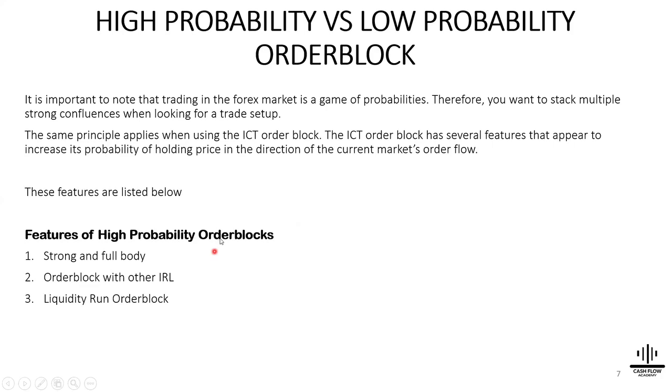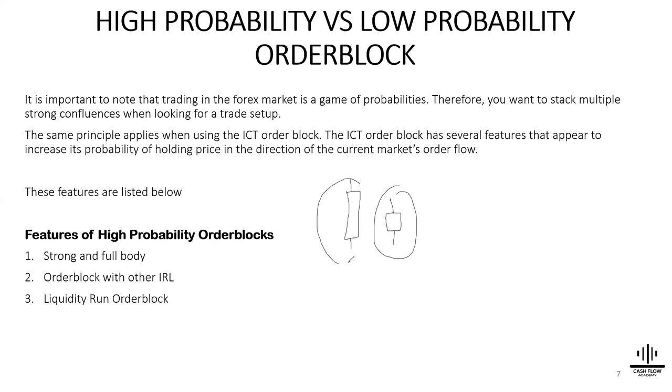Here are the features of a high probability order block, and they are very easy to identify when you look at your charts. Number one, you want to see the ICT order block with a strong and full body. You don't want to see a short body, because we all know what a body is. If you've gone through the month one mentorship, here is the body, and then these are the wicks. So you don't want to be seeing something like this and then calling it an order block.